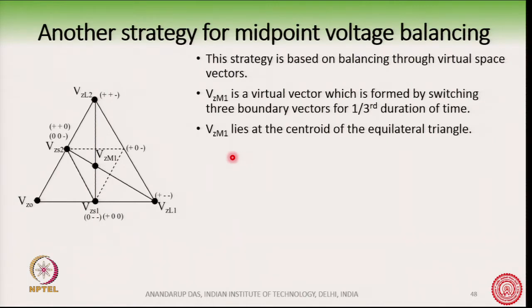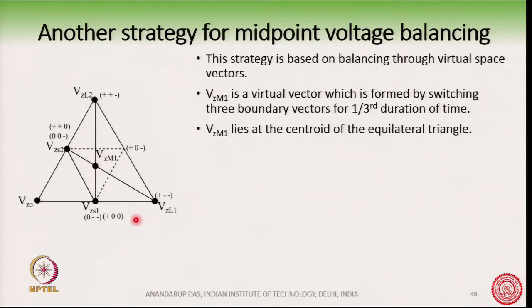different durations of time. For example, one example of a virtual space vector is Vz_m1. So, this is the vector here. This vector does not exist because we do not have any switching state which will produce this vector.